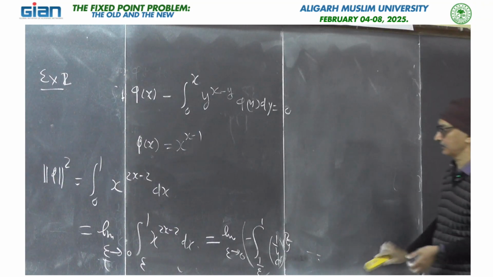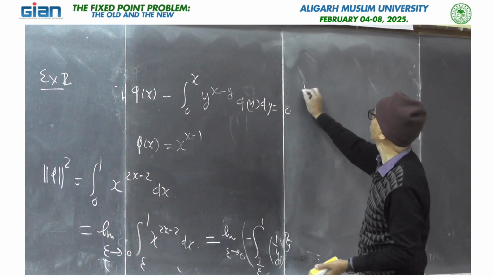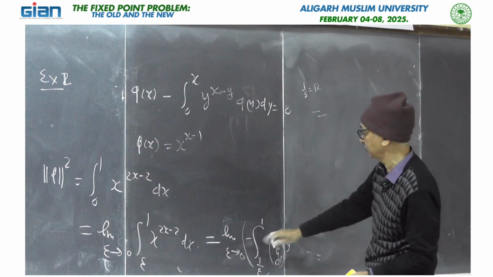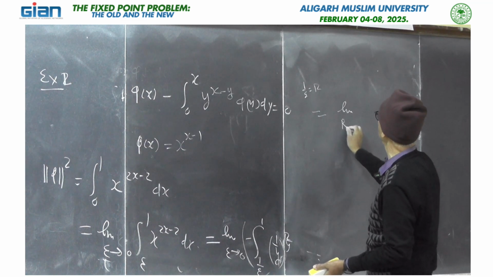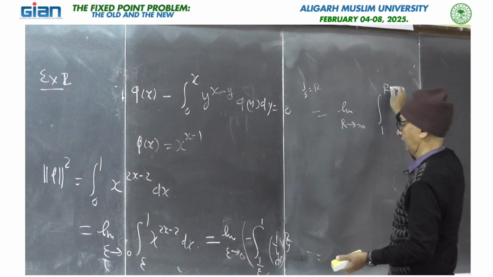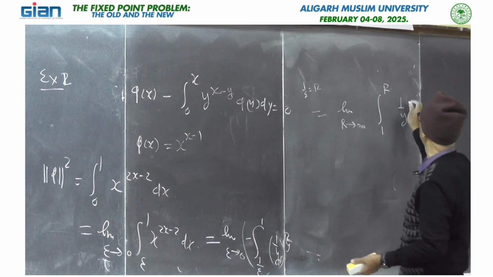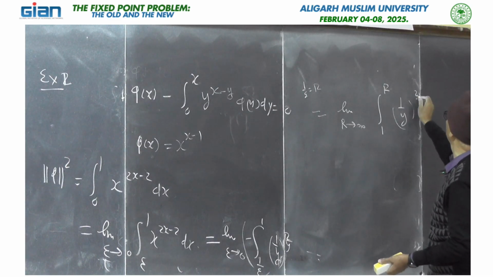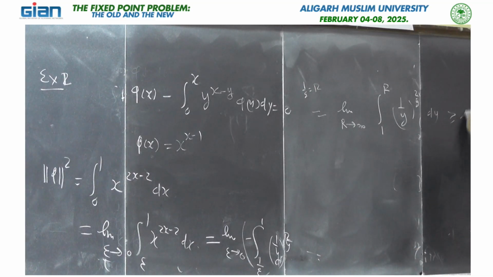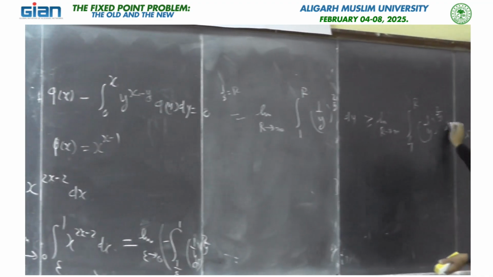So you can rewrite it by putting 1 over epsilon equal to r, adjusting the minus sign: the limit as r tends to infinity of the integral from 1 to r of 1 over y to the power 2 over y dy. That is greater than or equal to the limit as r tends to infinity of the integral from 4 to r of 1 over y to the power 2 over y dy.